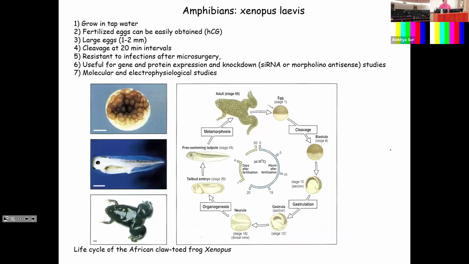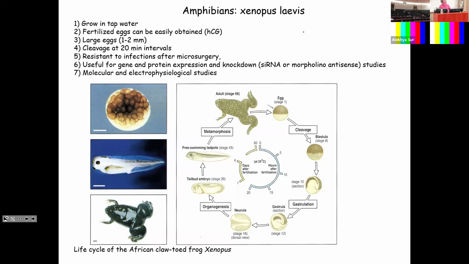Okay. So we are going to go briefly over these different model organisms, but I just want you to retain what's been listed up here, okay? Not the cycles or anything else that is in the slide, just the list, okay? So the first one to describe is the amphibians, Xenopus laevis, the frog, okay?